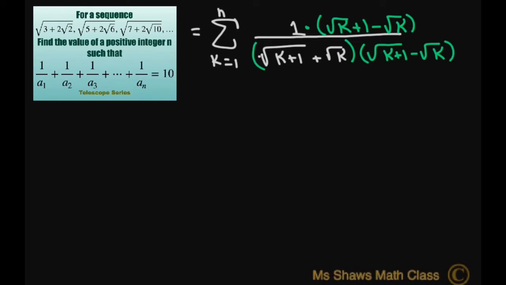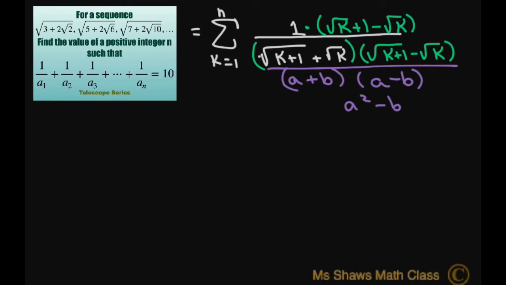Now the denominator is what we have to work on. This is a plus b times a minus b, which equals a squared minus b squared. So basically what we're going to get is the sum from k equals 1 to n. The numerator is just going to be the square root of k plus 1 minus the square root of k.